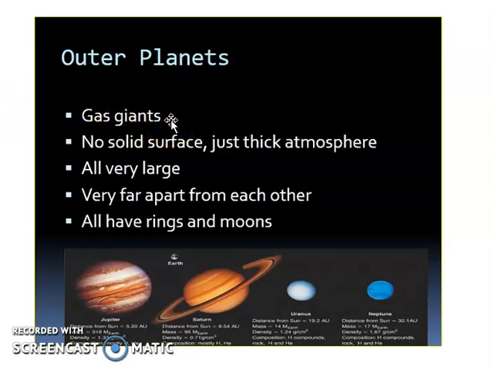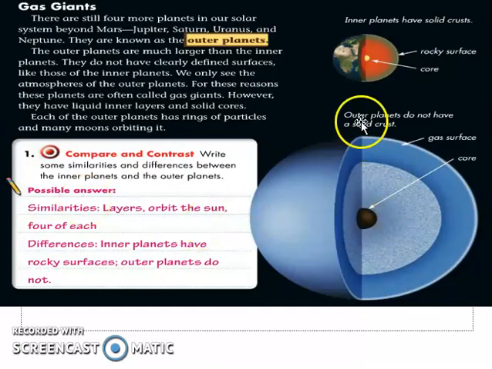If you're trying to imagine landing on Saturn or Jupiter, you cannot do it, because according to scientists, the outer planets, or gas planets, have a core, but the surface is gas. Compared to the inner planets like our planet Earth, we have a core and a rocky surface. But for the outer planets, it's not.